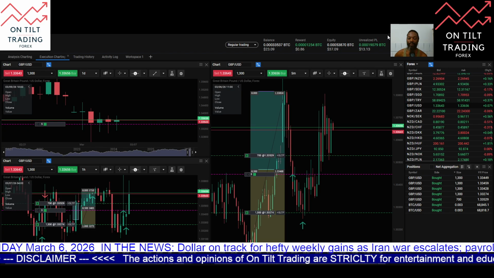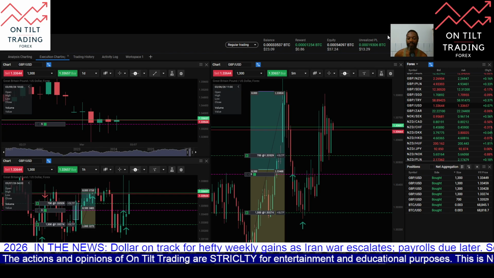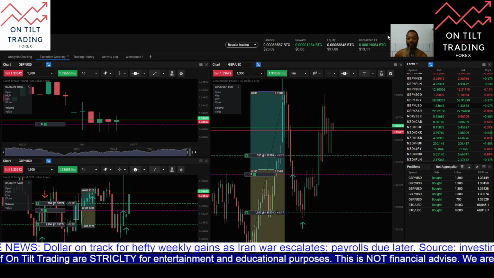133,640. So currently price delivering to the sell side overall in this 5-minute candle.